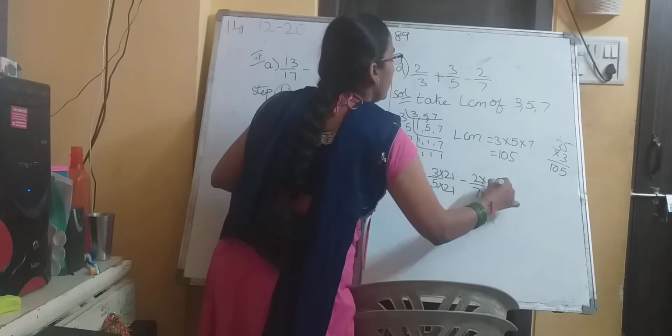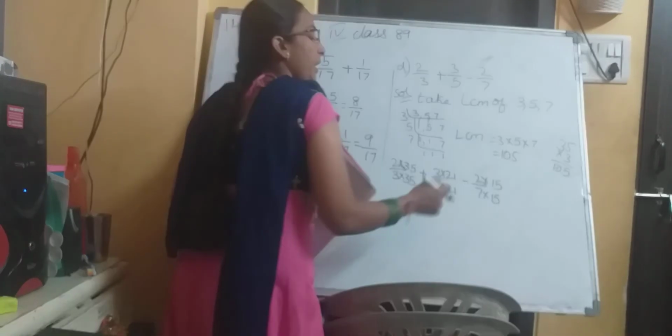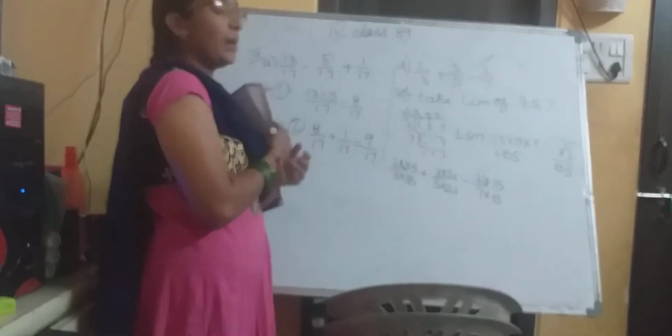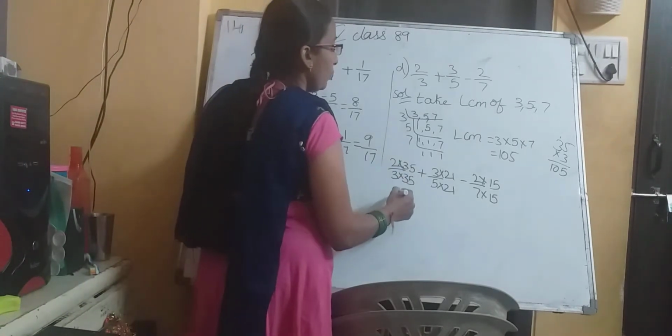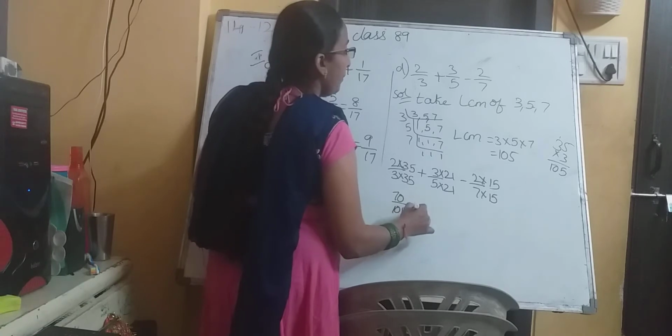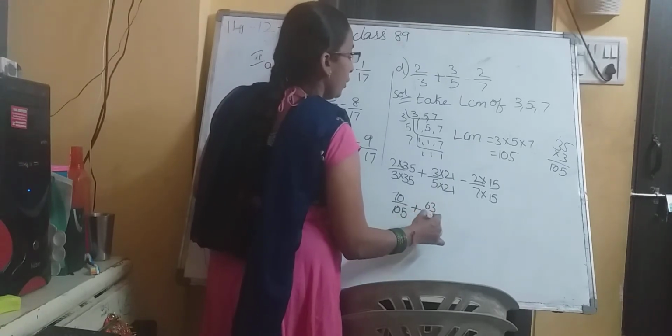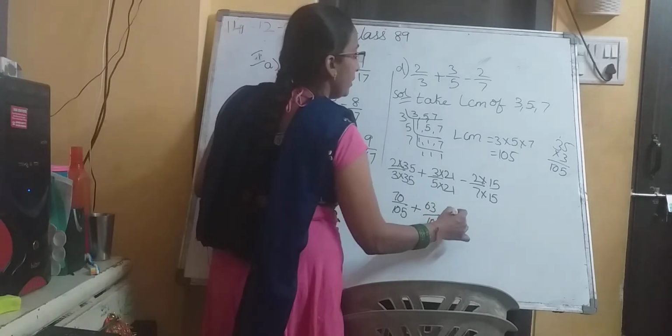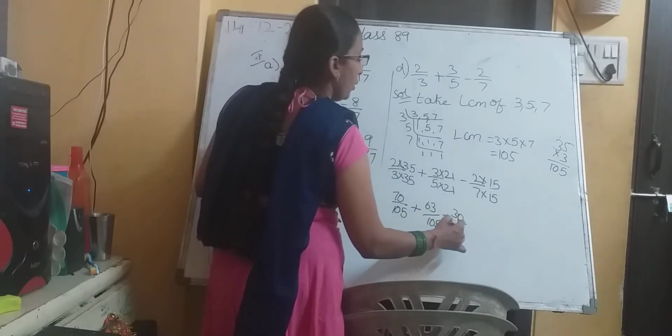Now you will get all the denominators the same. Now you can do addition or subtraction. 35 2s are 70 by 105 plus 63 by 105 minus 30 by 105.